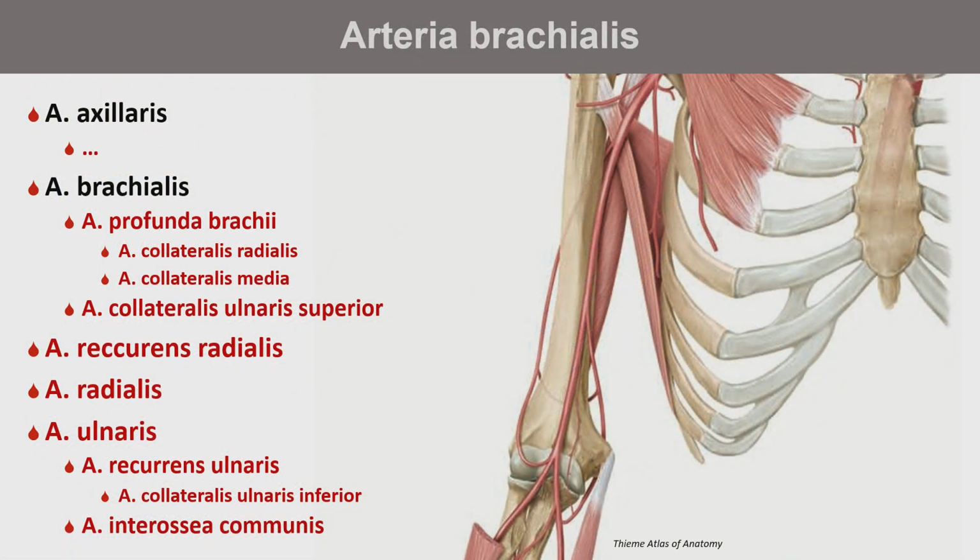So brachial artery. Brachial artery is very simple because it's going through the arm region and going on the anterior surface of the humerus, entering the cubital fossa. The brachial artery has only one important branch, which is localized in the proximal part, and this branch is called profunda brachii, deep brachial artery.